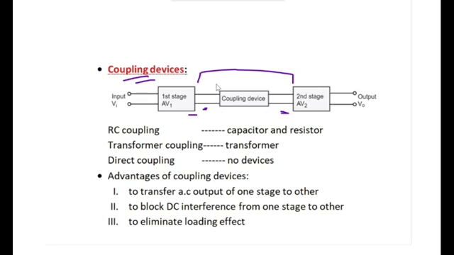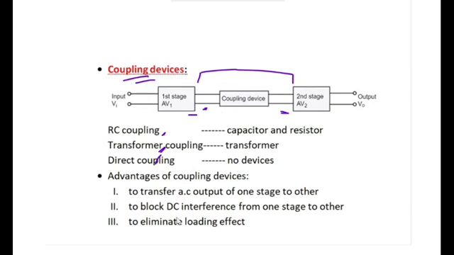These coupling devices are of different types, that is RC, transformer and direct coupling, and based on this the amplifier is named differently. We have seen that. So these coupling devices are required to couple the signal from one stage to another stage. And why are these required?